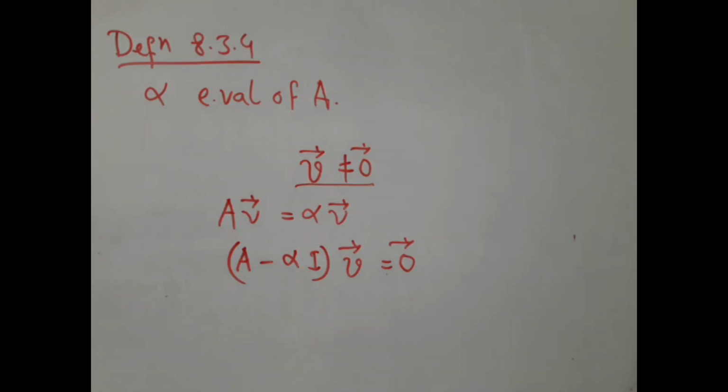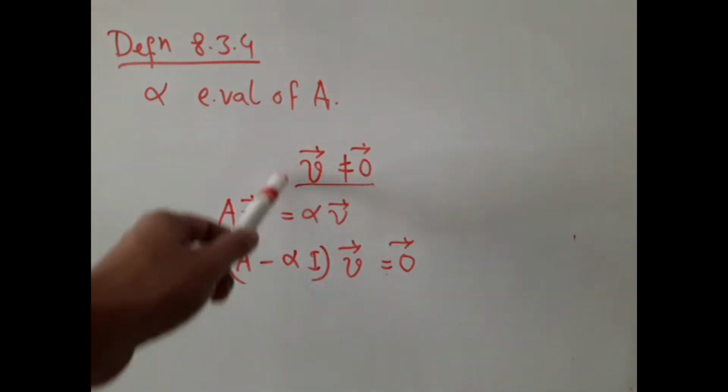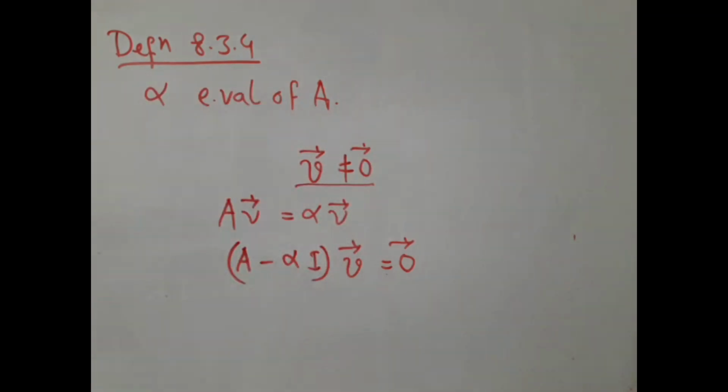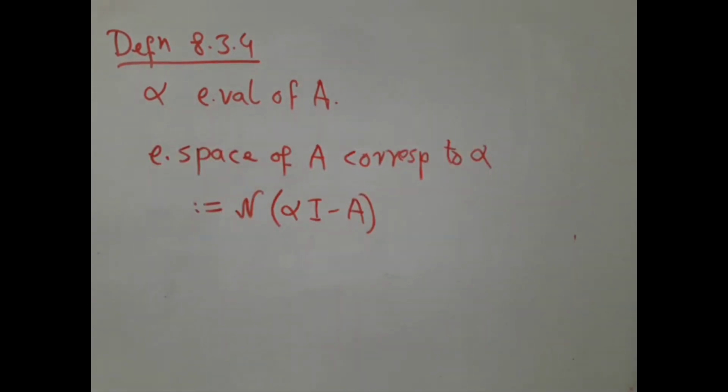But if I take all the eigenvectors together with the null vector, I get a subspace, namely the null space of A minus alpha I, and this subspace is called the eigenspace corresponding to alpha of this matrix A. The eigenspace of A corresponding to alpha is defined as the null space of alpha I minus A. It is the set of all eigenvectors of A corresponding to alpha along with the null vector.